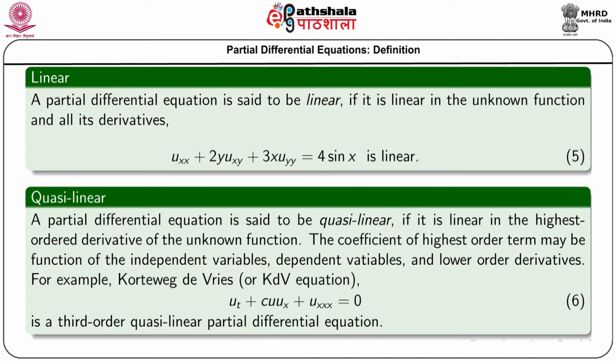One example of a quasi-linear equation is the KdV equation, which is written in equation number 6, and this is a third order quasi-linear differential equation. This equation appears in plasma physics and in nonlinear dynamics.